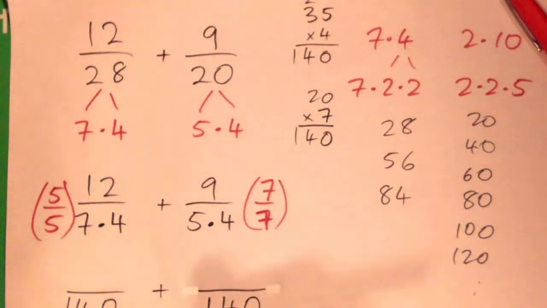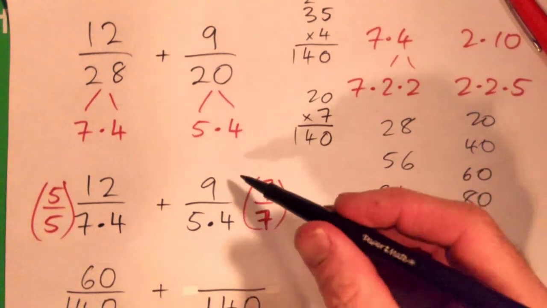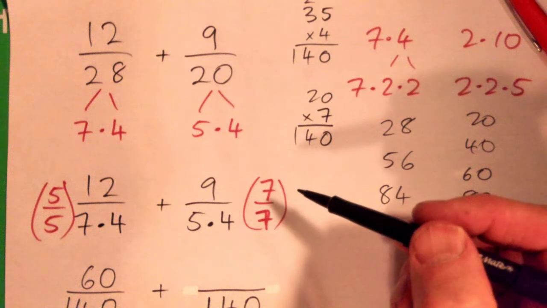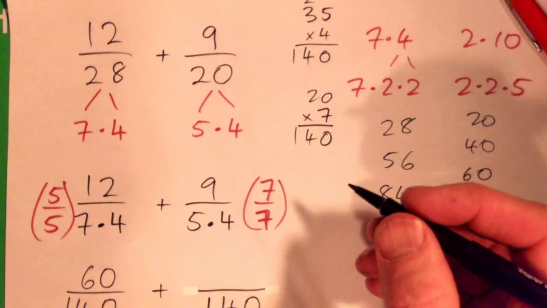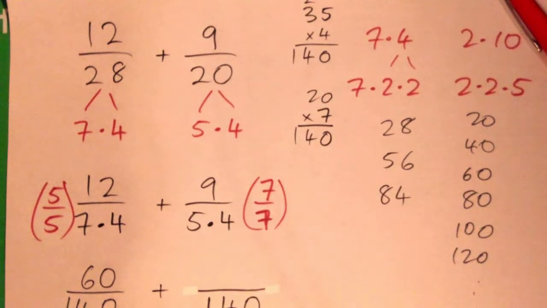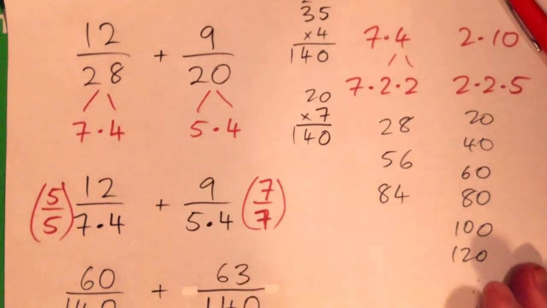And on the top, yep, yep. And on the top here, yep, 63. Good. And so now add them.